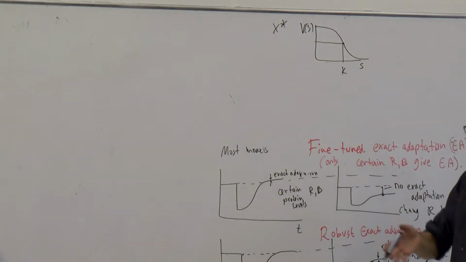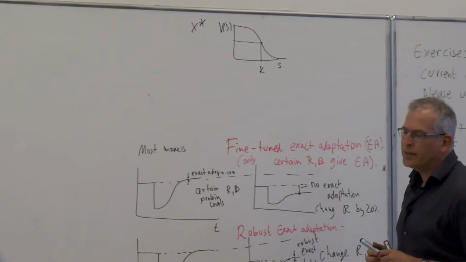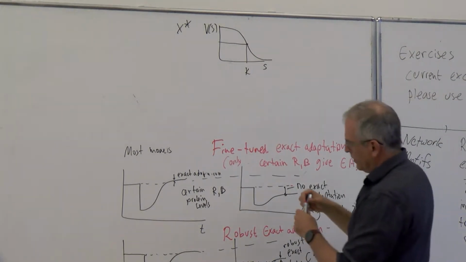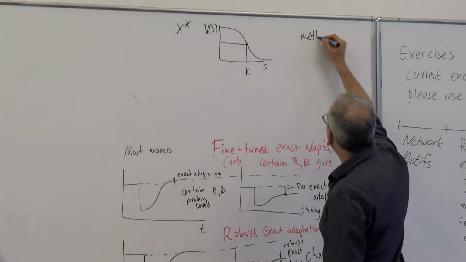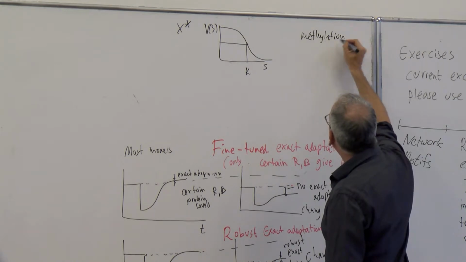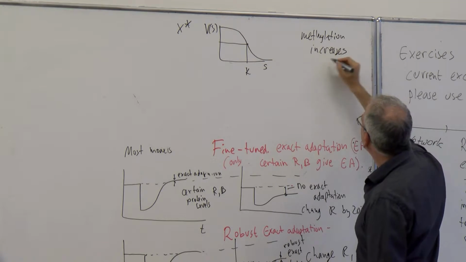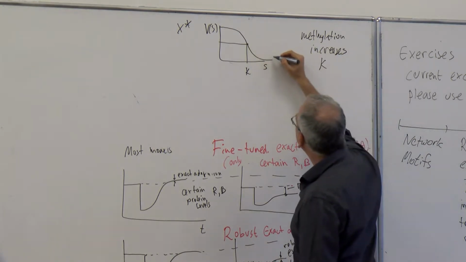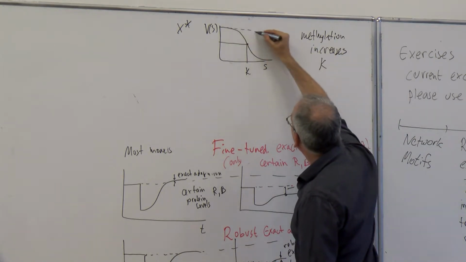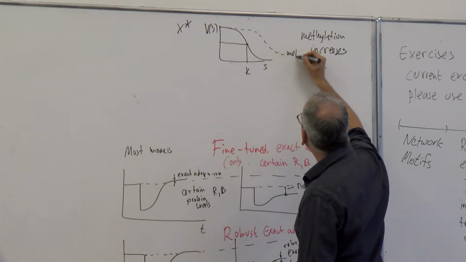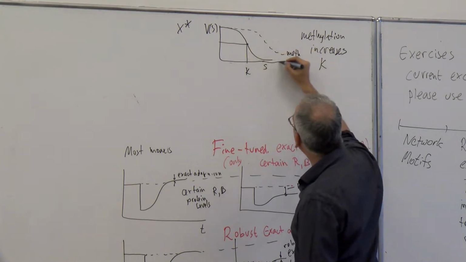This is what the attractant does. What methylation does is increase this K. So K basically shifts here.